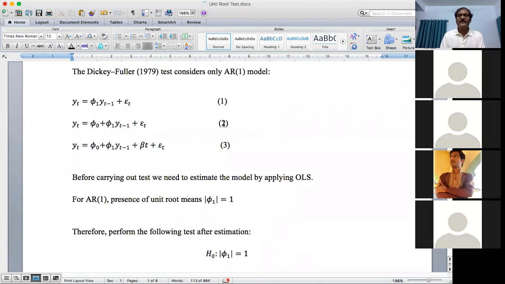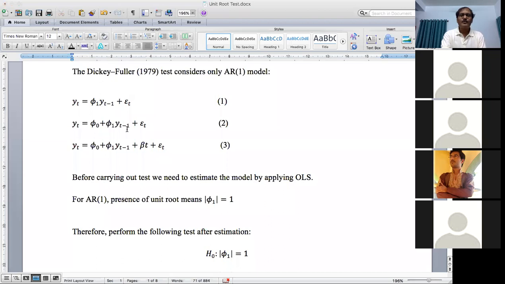Alternative is the model is stationary. But if we have to select equation 3 as a possible form of AR1 on the basis of the basic behavior of the data as shown by plotting. So in the case of 3, this AR1, we have incorporated an additional term, the deterministic trend. So in presence of deterministic trend, the series Yt will never be stationary.